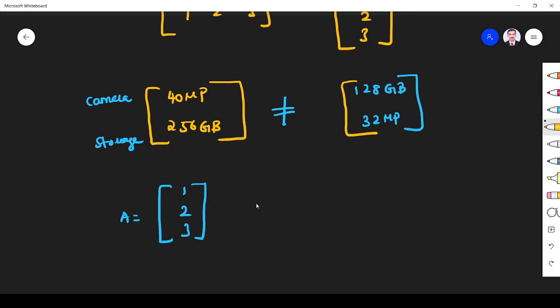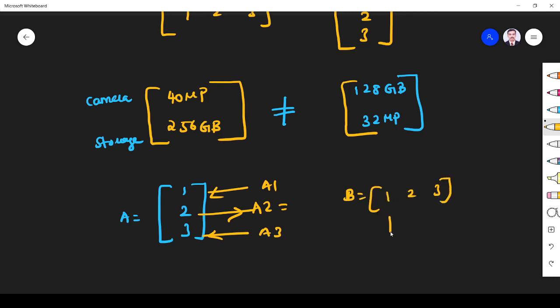So A2 indicates the number 2. A vector has a single index. This is referred to as A1, this as A3. Similarly, if B is 1, 2, 3, this is B1, this is B2, and this is B3.